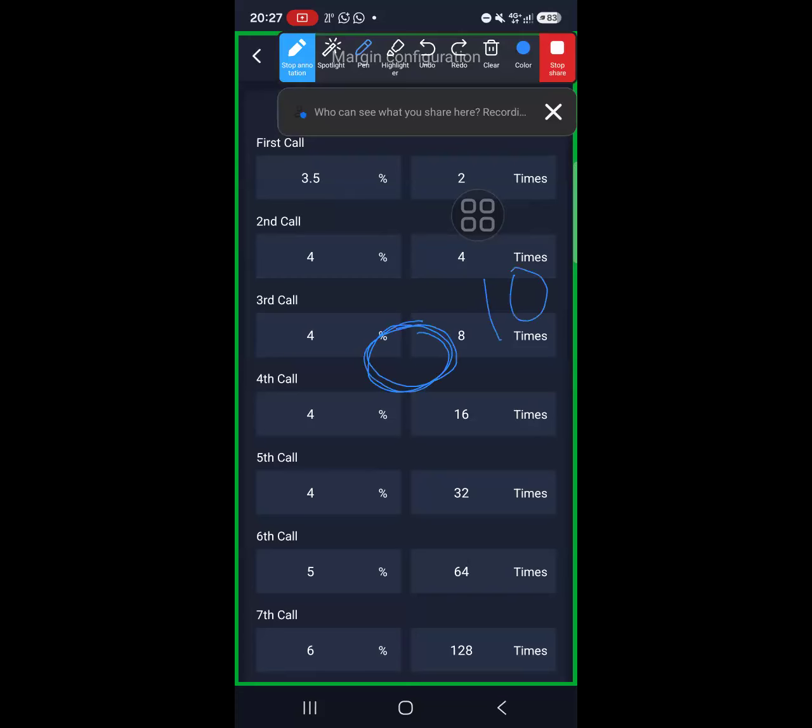The robot has bought with $10. Now, from point of entry, there are 2 things that are going to happen. Either after the robot has bought with $10, the price is going to go up.